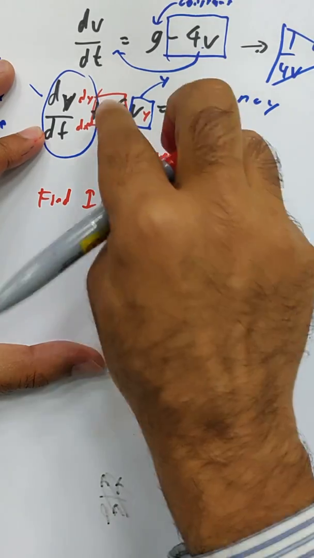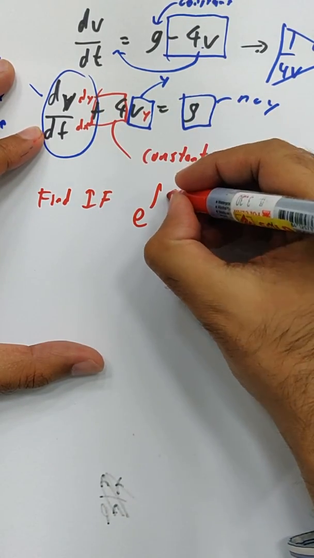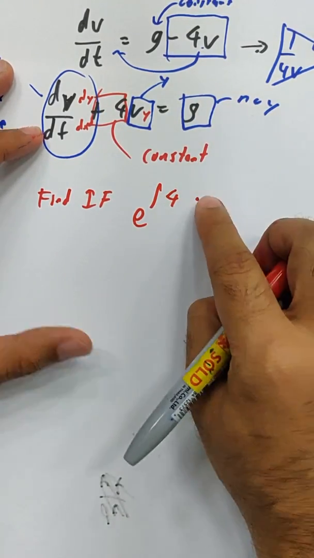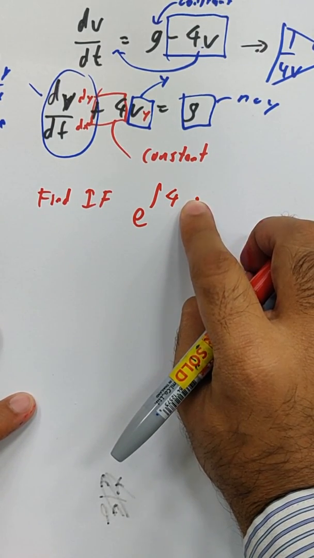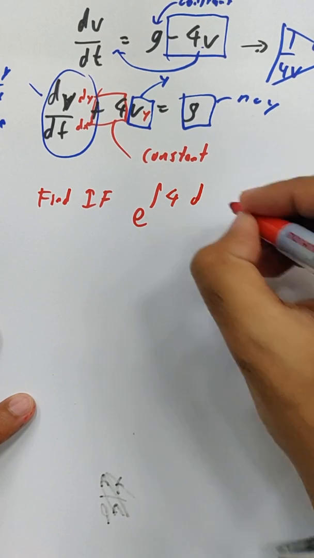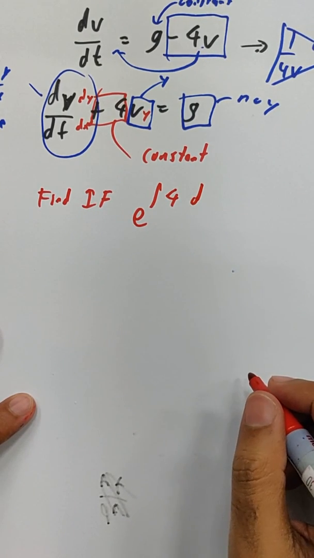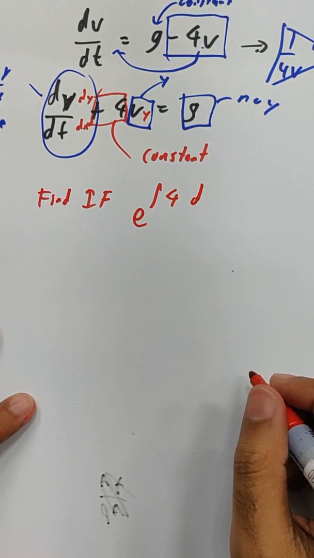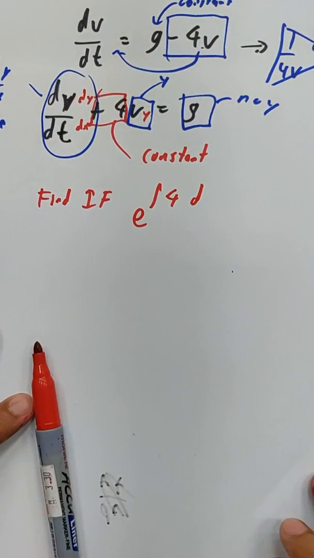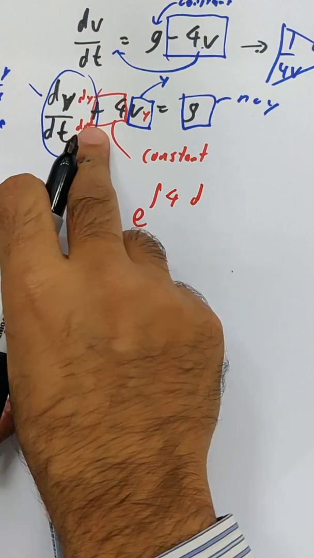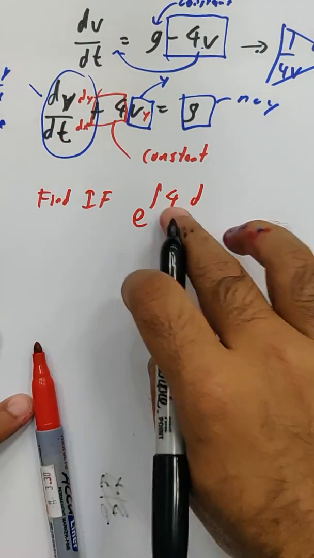Okay, so now we find IF. It means e to the 4. Okay, d what here? Sorry, it's not x, it's t. Your dx is t, so it's dt here.